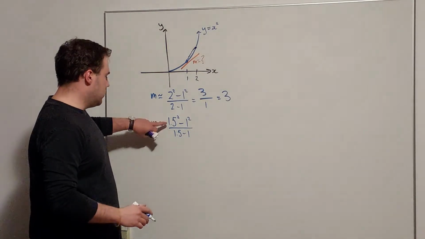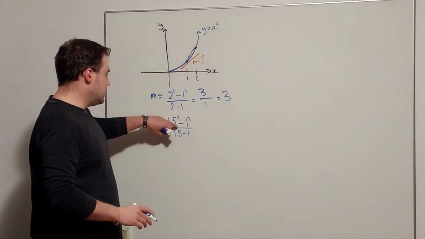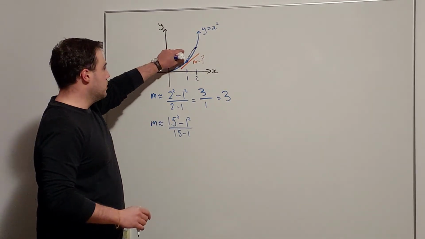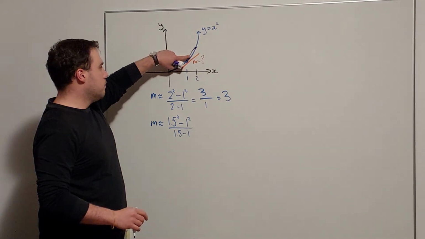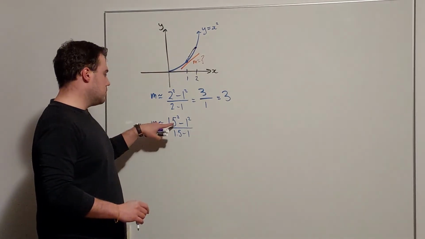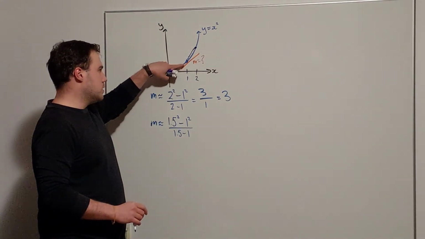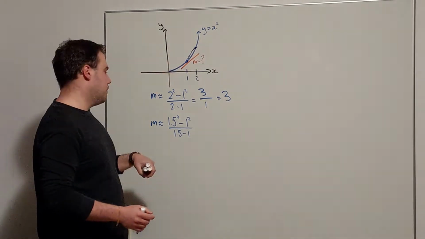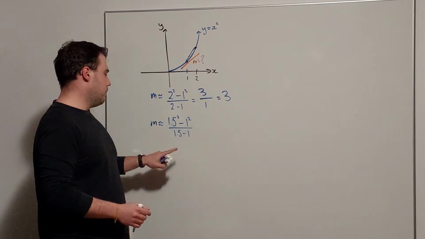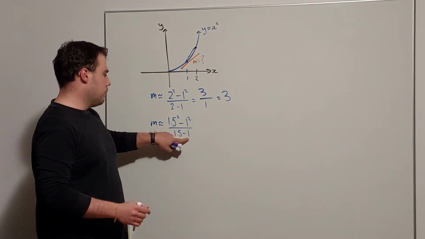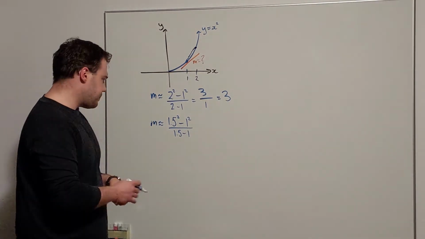So just to clarify, the rise is the difference in the y coordinates, and so this y coordinate 1.5 squared is the output value from putting 1.5 into the function, minus 1 squared, so our 1 squared is going to stay the same because that's the point we're investigating, over the difference to 1.5, which would be the run, 1.5 minus back to 1.